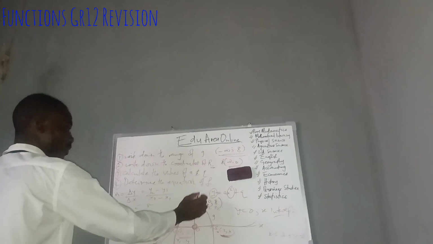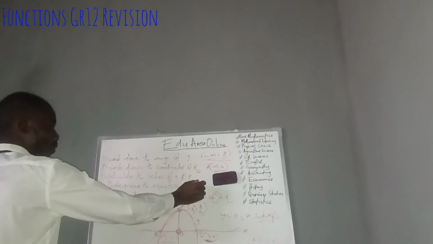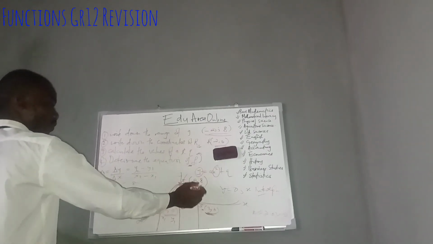So now this is x1, y1, x2, y2. This is the line that we want to determine, here we're determining the equation of the line of f. Okay, so I'll come back to calculate the value of a and q.